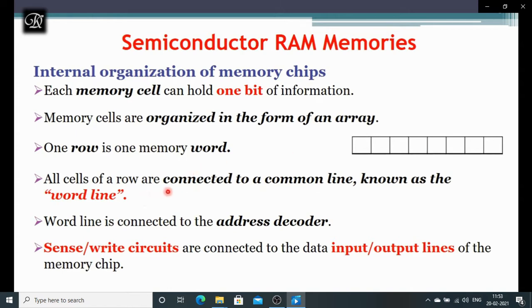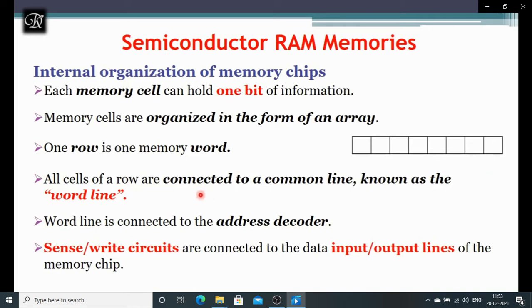The cells of a row are connected to a common line known as the word line. It's just like an array: the beginning of the array is connected to the beginning address of the array, so if I know the starting address and the limit, I can get all the data inside the array.